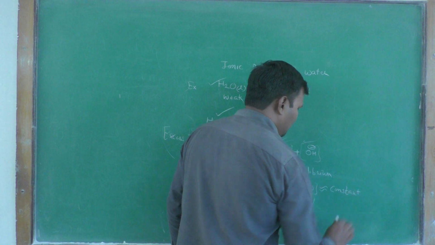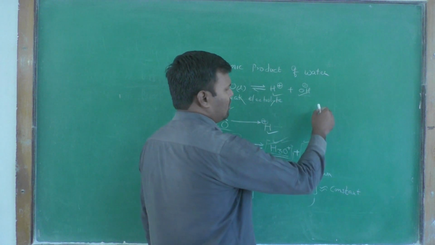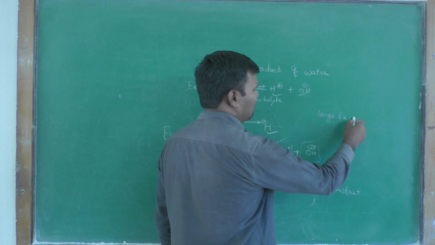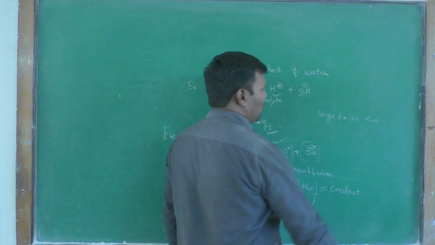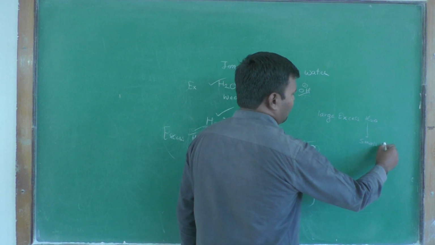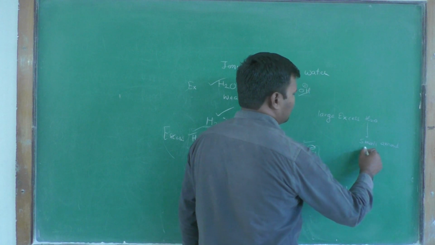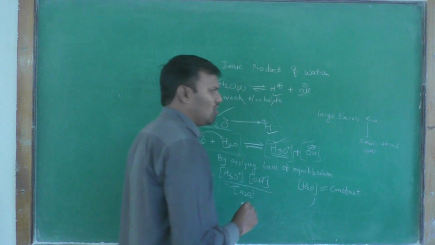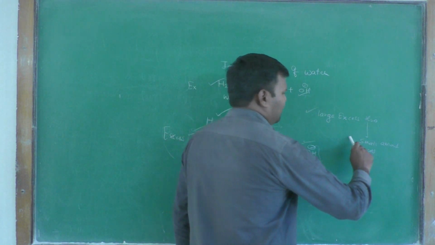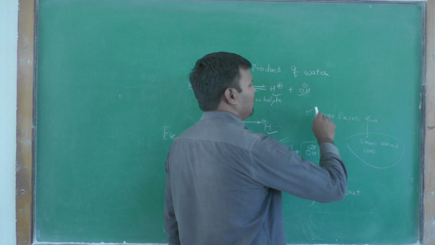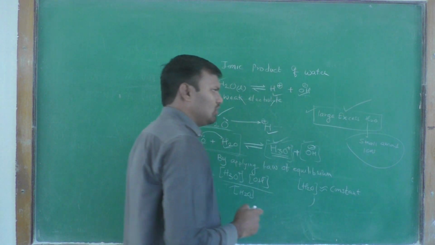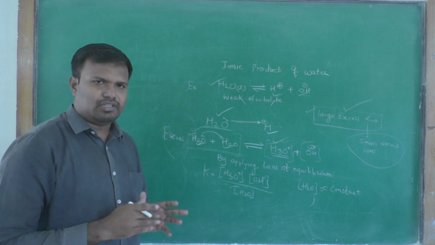The reason why we take it as a constant is that a very large, excess amount of H2O is taken, and it produces ions in a very small amount. Because of these two reasons, the small amount produced does not affect the concentration of H2O, which is in large quantity.